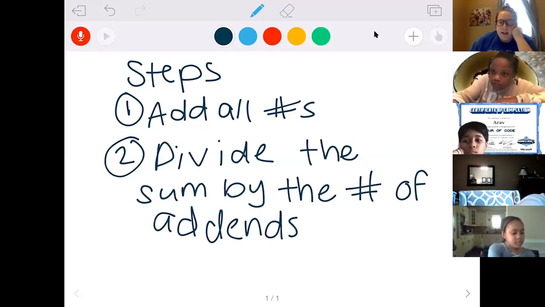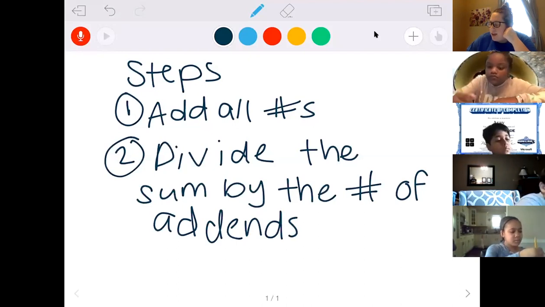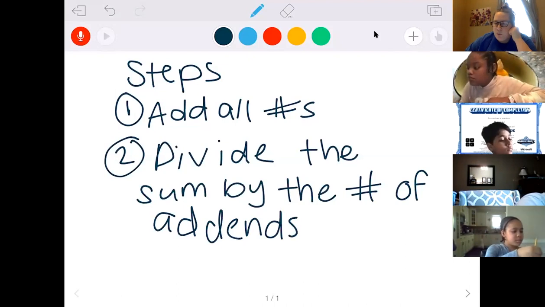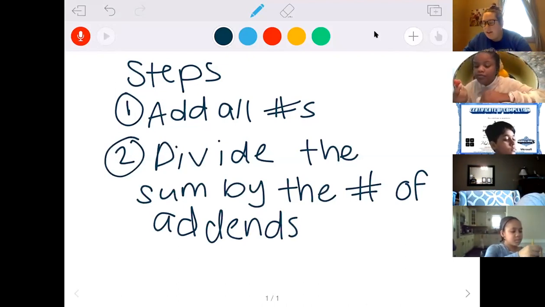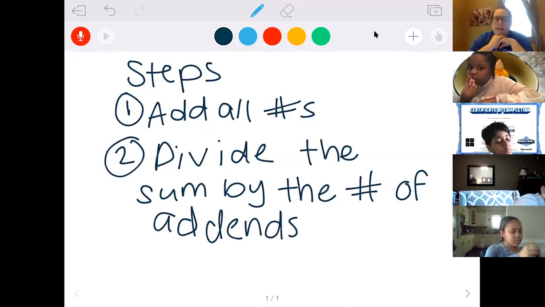You take that sum and you divide it by how many numbers you've added up. So if we look back at Aiden's test scores, he has 1, 2, 3, 4, 5 tests. So if he took 5 tests, once we add up all those tests, we divide by 5. And then that's how you get your answer. So get these two steps down, then I'm going to erase this and we're going to practice some.